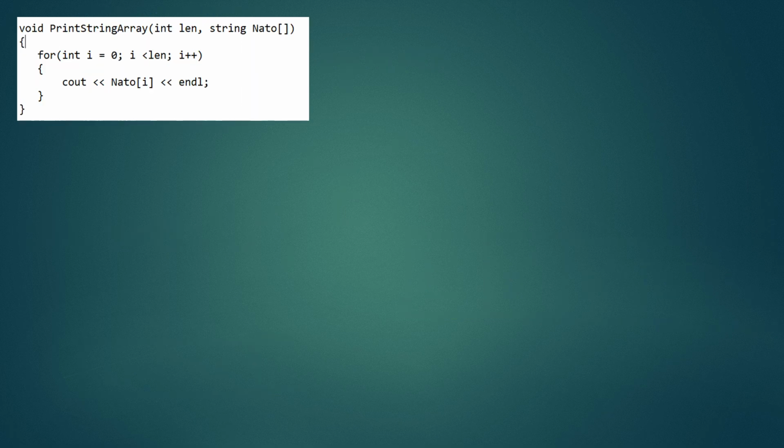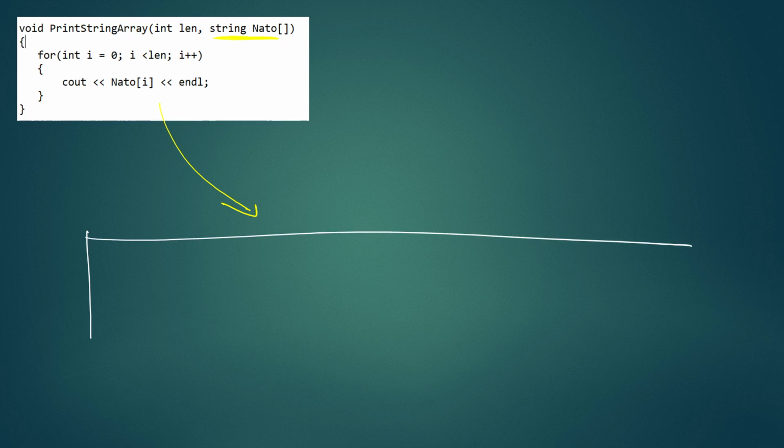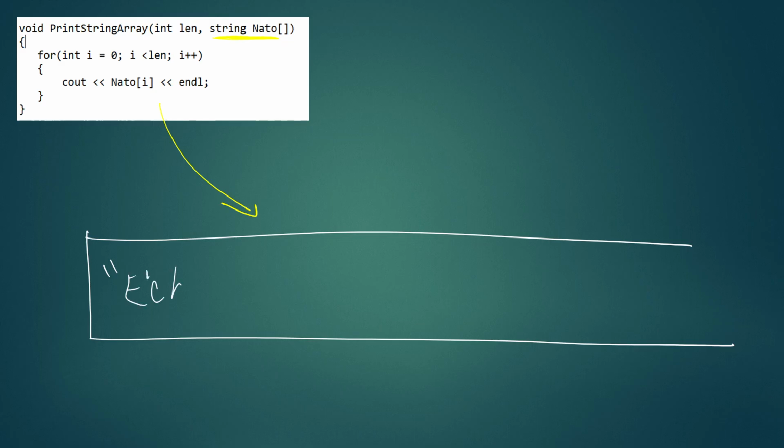Then obviously you have to print your strings onto the screen. It's the same way that you were printing your integers onto the screen, only your second parameter is going to be a string. For example, if your array looks like this, this is now a string array. Echo would be at index 0, alpha would be at index 1.